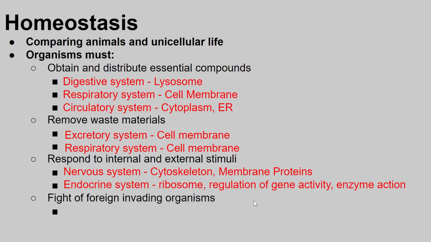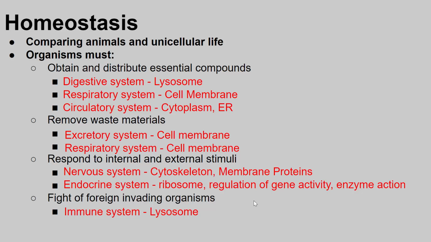Complex organisms have an endocrine system, which helps regulate conditions and regulate growth and other factors within the organism. Single-celled organisms have ribosomes, and they have ways of regulating the activity of genes and enzymes, which allow for the control of internal processes. To fight off pathogens and things like that, we have an immune system.